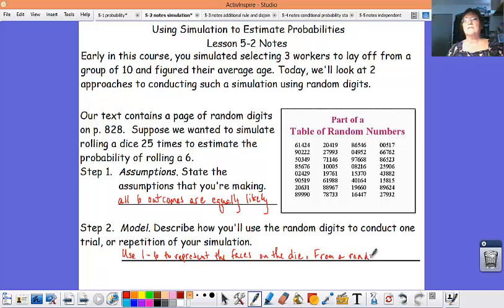If we're really using the random digit table the way that it's designed to be used, you have to pick a random starting point. So I always tell people, close your eyes, move your pencil around the page, and select a spot to start. And I picked that 7 right there. From a random starting point, check the number to see if it's in the range that you need.